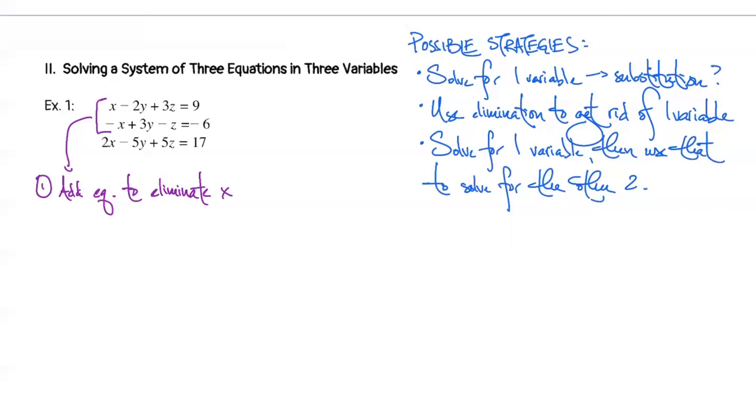And I think when I add the equations, I get y plus 2z equals 3. Is that true? Is that what other folks got? Y plus 2z equals 3.